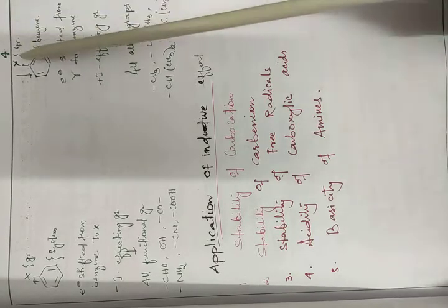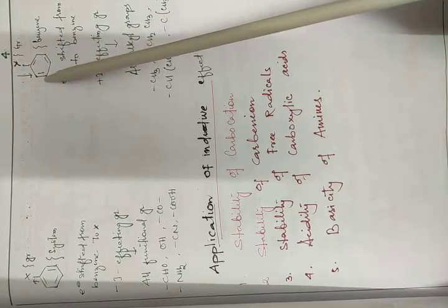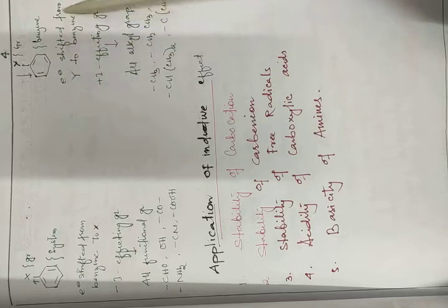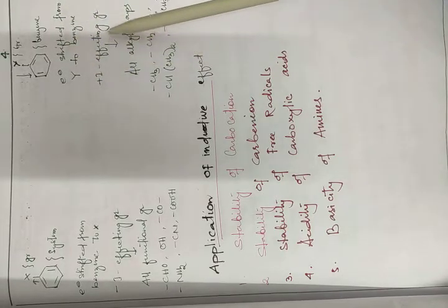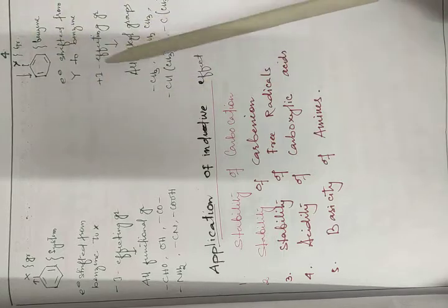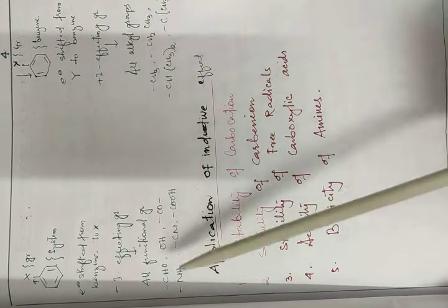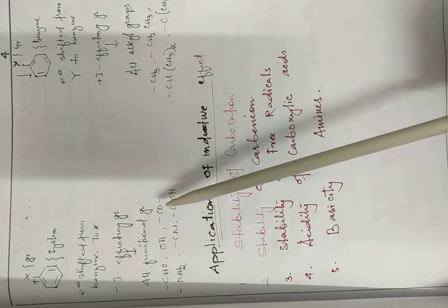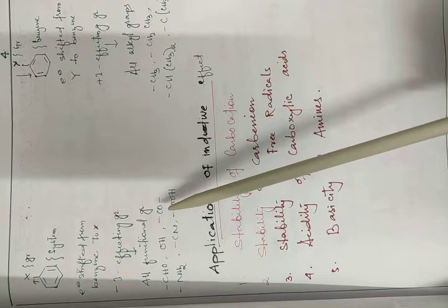Now here Y, and Y to system, that means group to system. So the electron goes from Y to benzene, so that is the positive effect, the plus I effect.